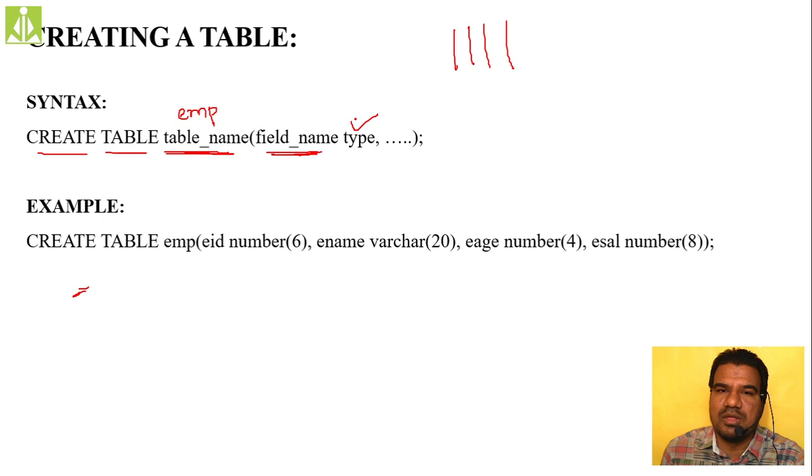It can have both characters and digits. So likewise, we have to decide what type to take over there. So first we use create followed by table. Create table, then give the table name, and then specify the fields and their associated types.